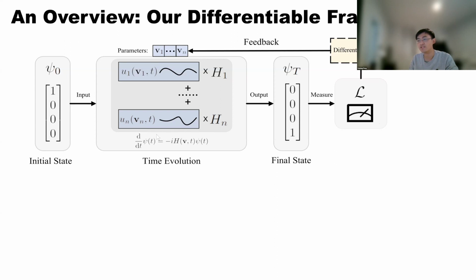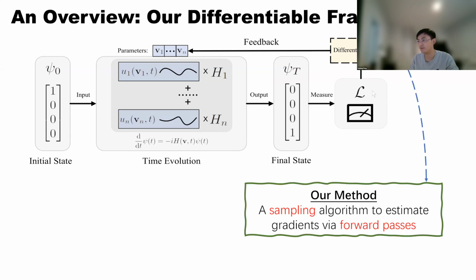Evolving the system for a time t, the output state is psi t, and we can measure it in the form of loss function L. We then calculate the gradient of L with respect to the parameter V via a sampling algorithm using forward passes, and send the feedback to the parameters to update the system again. And in this way, we can minimize the loss function at the end.